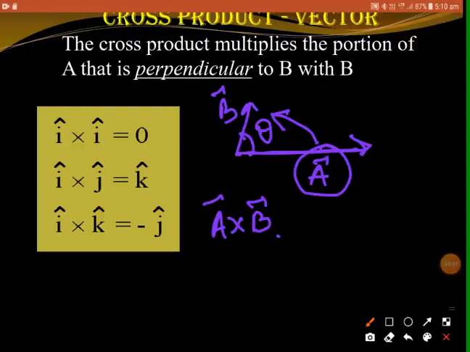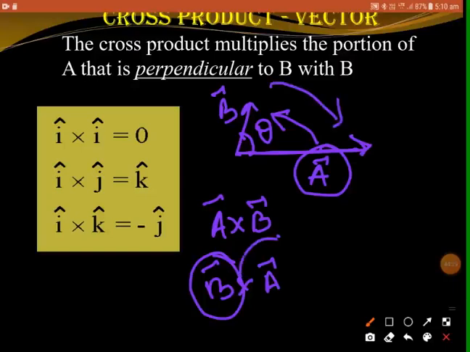Now if you are going to do the cross product of B vector cross A vector, then you need to turn your four fingers upside down such that they are parallel to the first vector, and you curl them toward the second vector, that means the A vector. Then the direction of the thumb will be what? Downward.